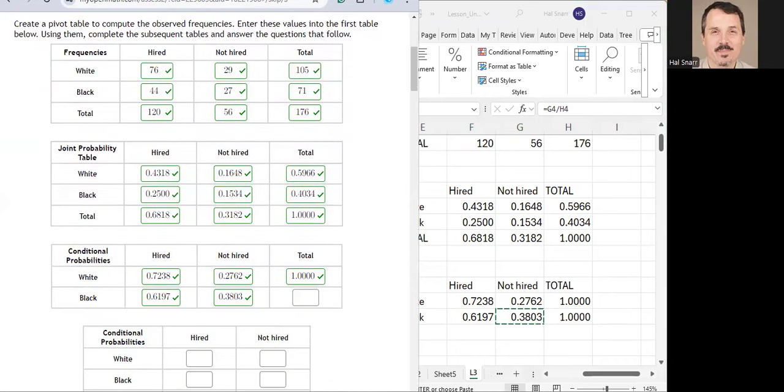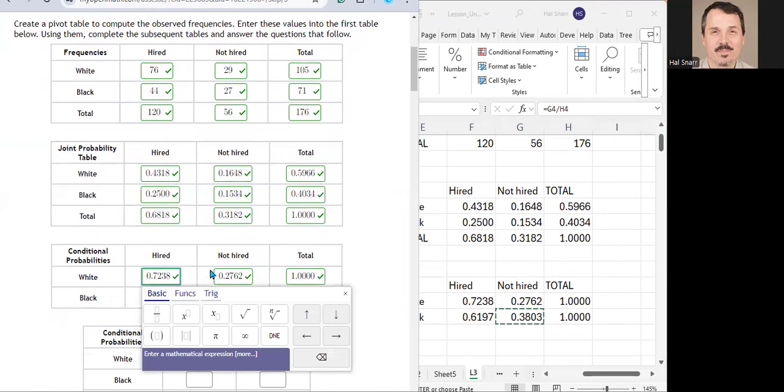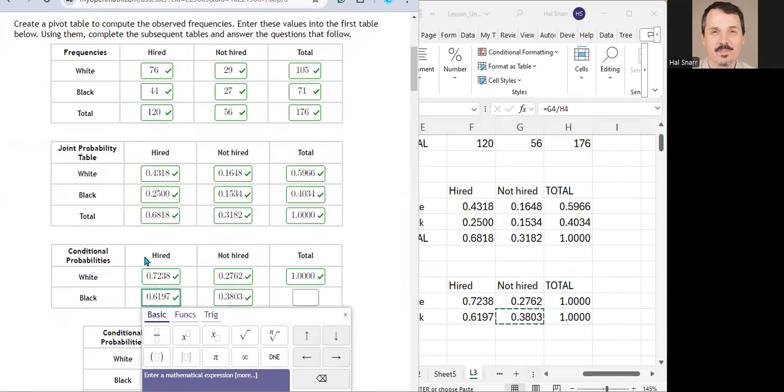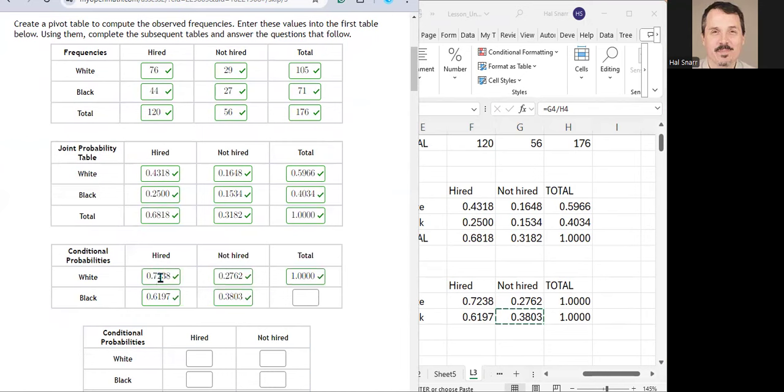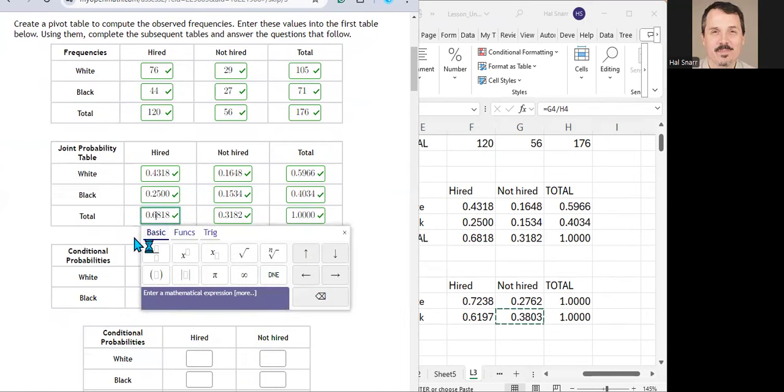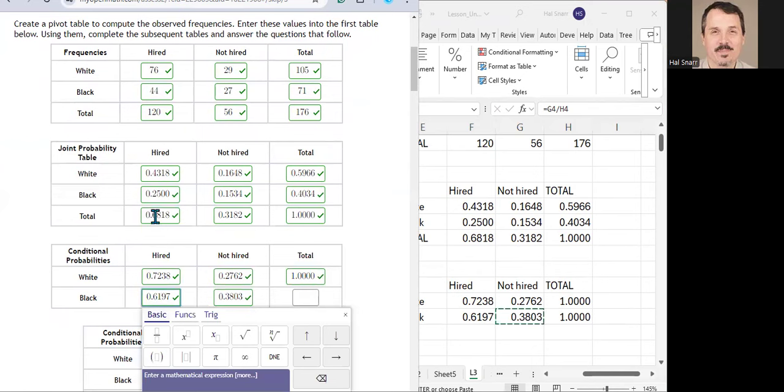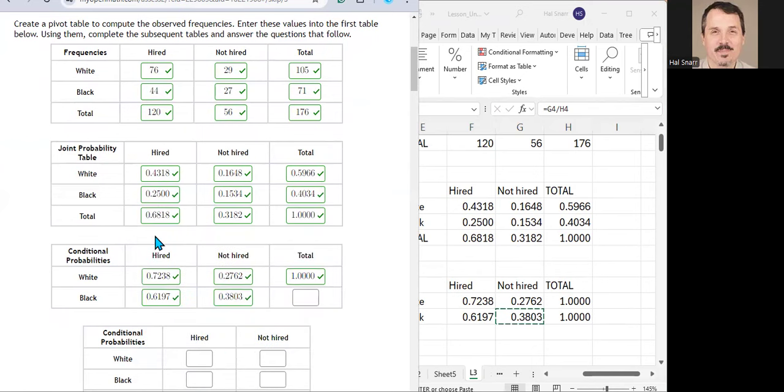Okay, one thing to note here, this is a probability of hired, this is a probability of hired, and this is a probability of hired, right? Notice that this is more than that, but this is less than that, right? So this right here is a weighted average of these two.